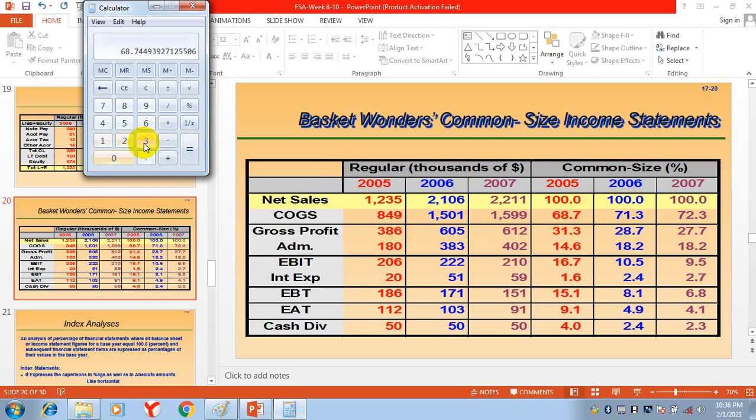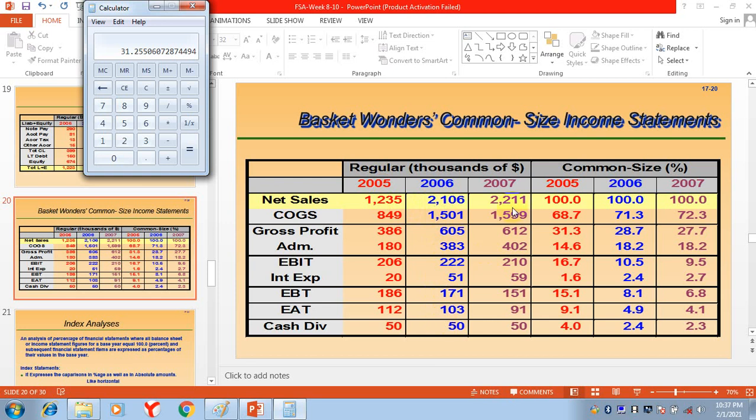Similarly, 386 divided by the total 1235 multiplied by 100, so we will get 31.3. Similarly, 180 divided by total, 206 divided by total, 20 divided by total, 186 divided by total, 112 divided by total, and 50 divided by total.